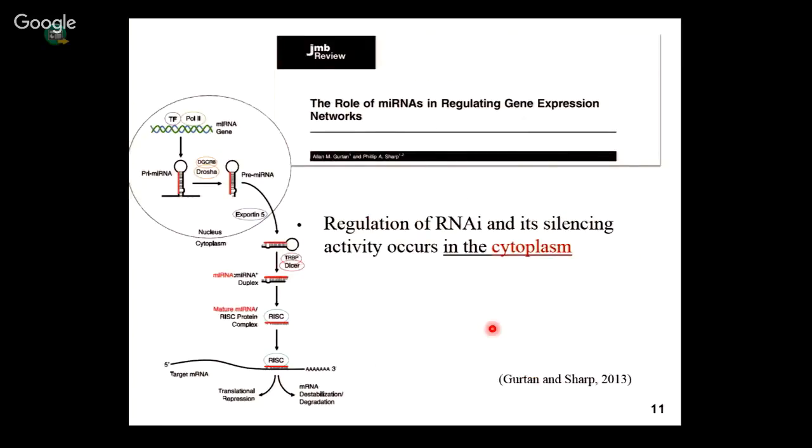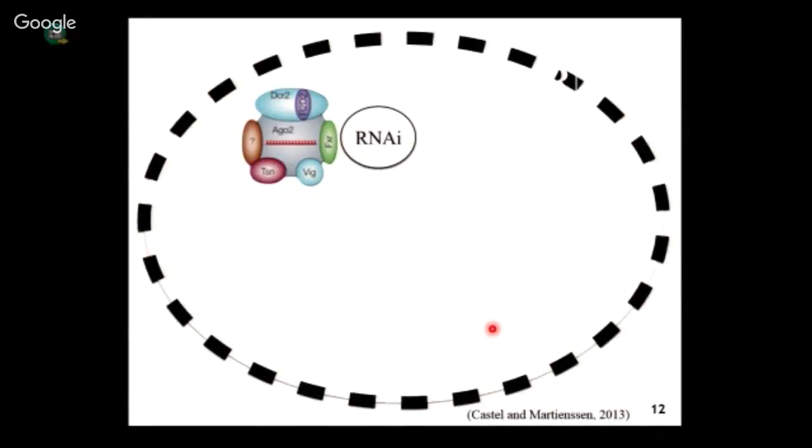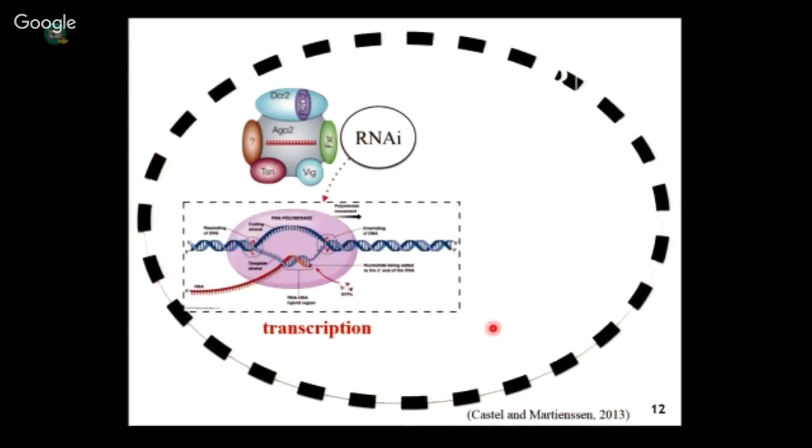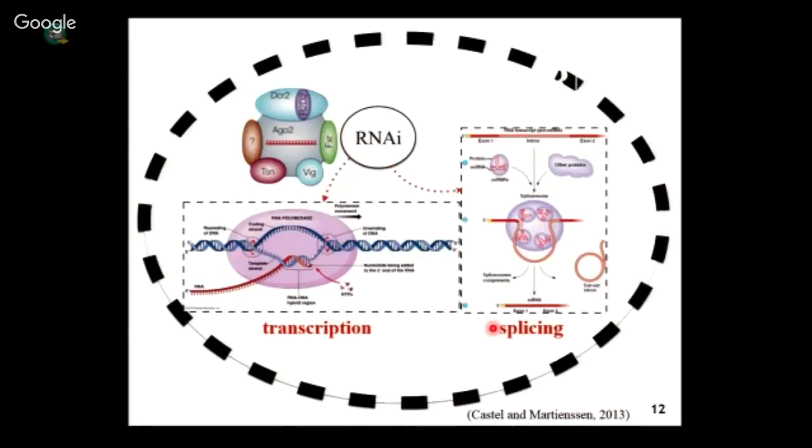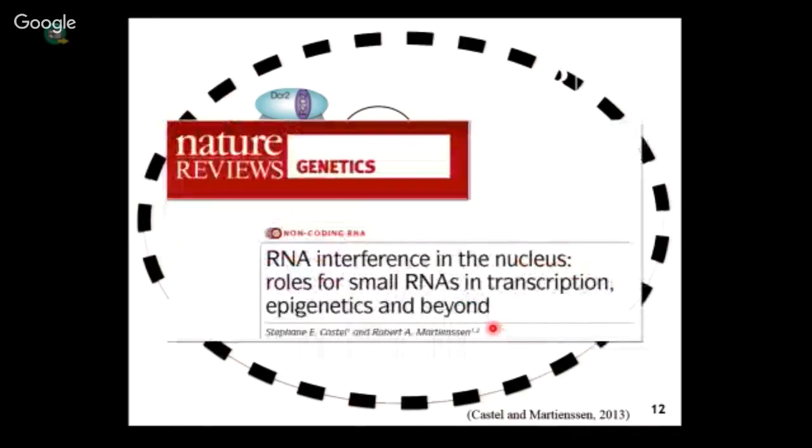All of this RNA interference and its silencing activity occurs in the cytoplasm. But whether RNAi can function in the mammalian nucleus and regulate processes like transcription or splicing has remained unclear.